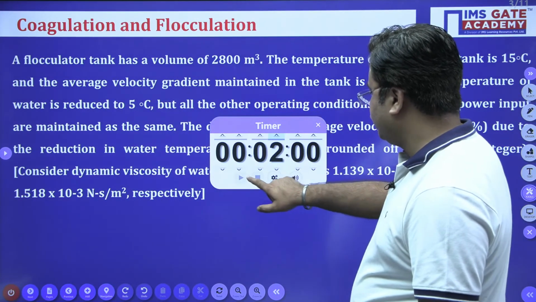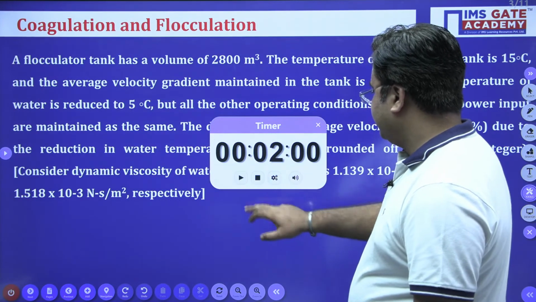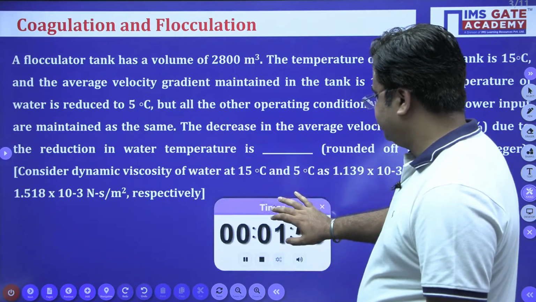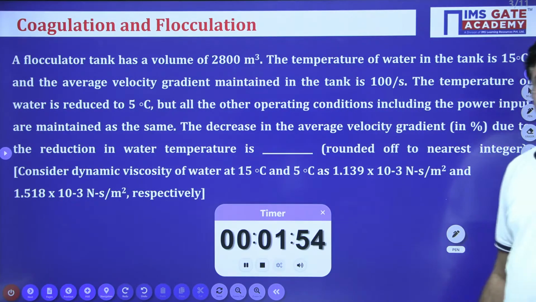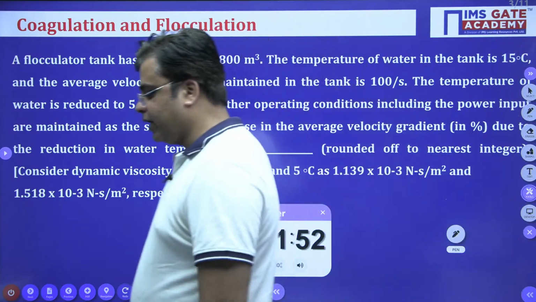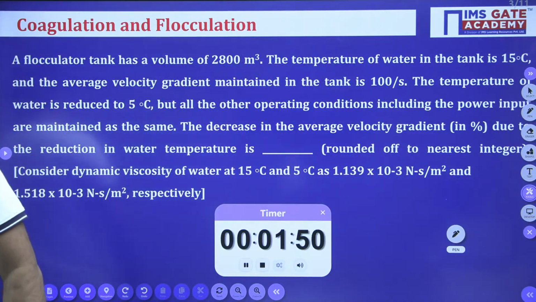There is a timer for 2 minutes. Please start attempting this question. This is a question from coagulation and flocculation, and again a very important concept. Please try to solve this.